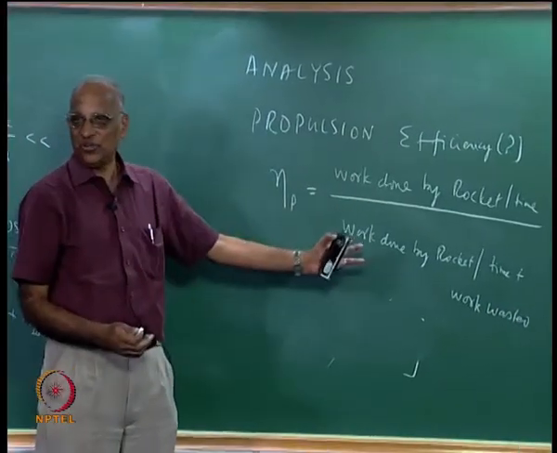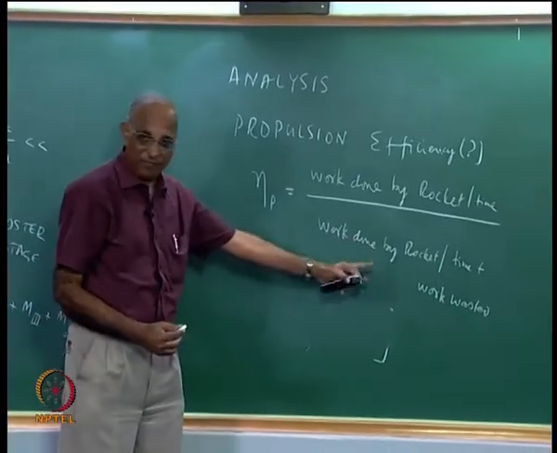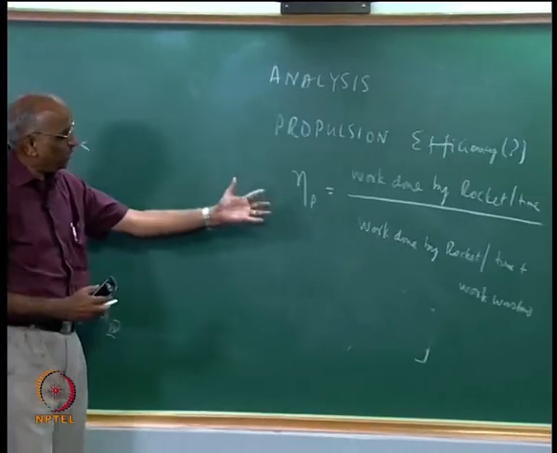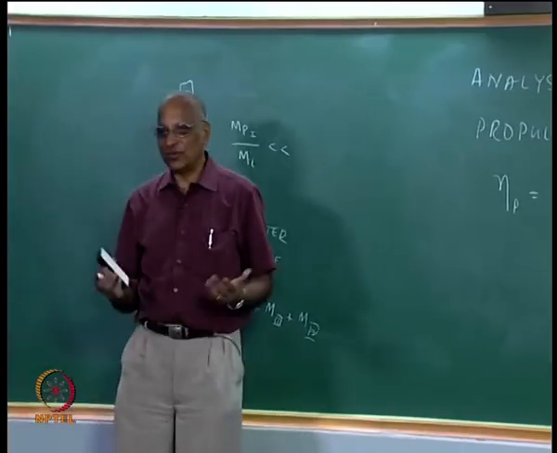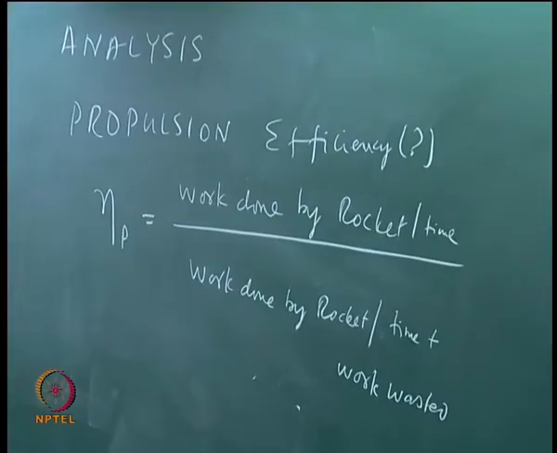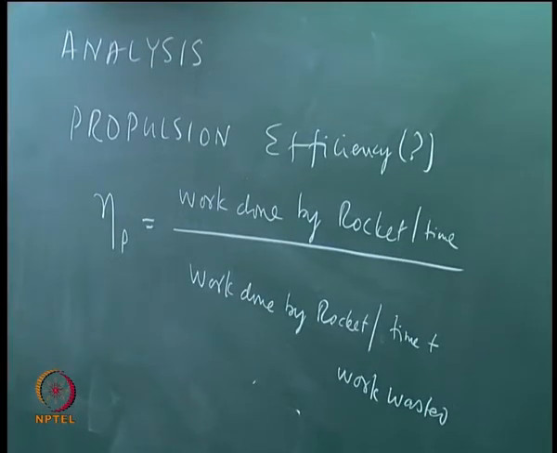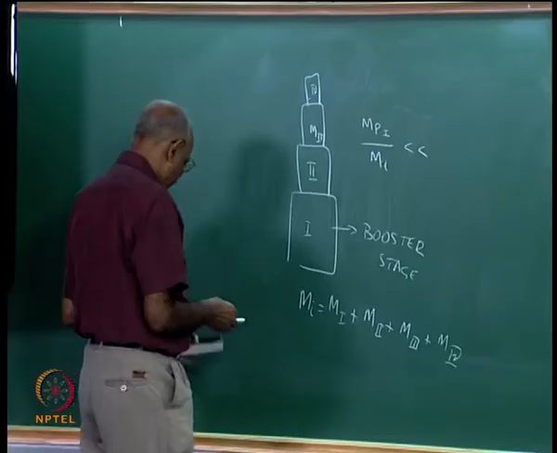That is the total work which you are doing on the rocket per unit time. How do I put these things down mathematically and tell you what is going to be the propulsive efficiency? Any guesses? Anything? You all should be able to tell me something more.